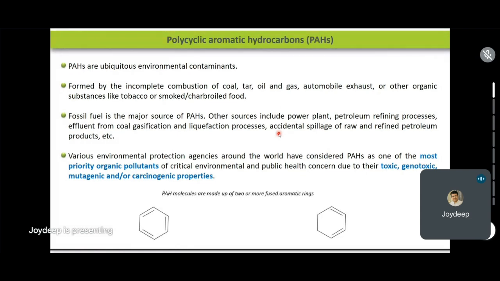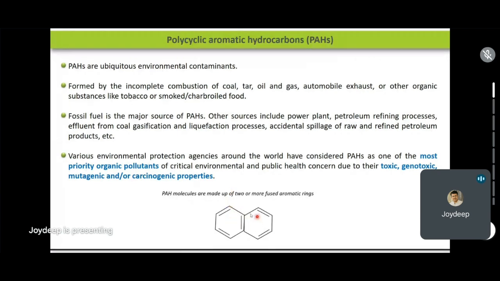And as you can see here, this is the definition of a polycyclic aromatic hydrocarbon. That means two or more aromatic rings fused together. Remember, biphenyl is also polyaromatic, but we won't call it polycyclic aromatic because the rings are connected by a single bond here.